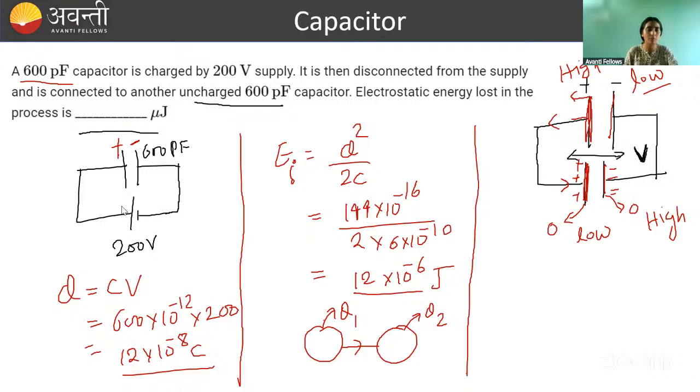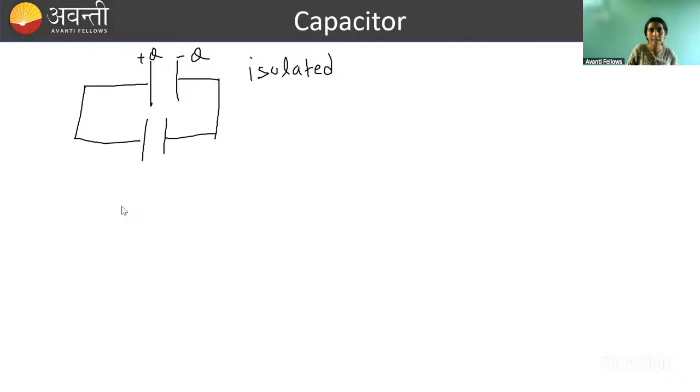This is the first concept. The second concept that you can think around is that you were having this capacitor, right? It was having some plus q charge, some minus q charge. It is disconnected from the battery, so now this is isolated. And when we are connecting it to another capacitor like this, charge from here will flow to here.